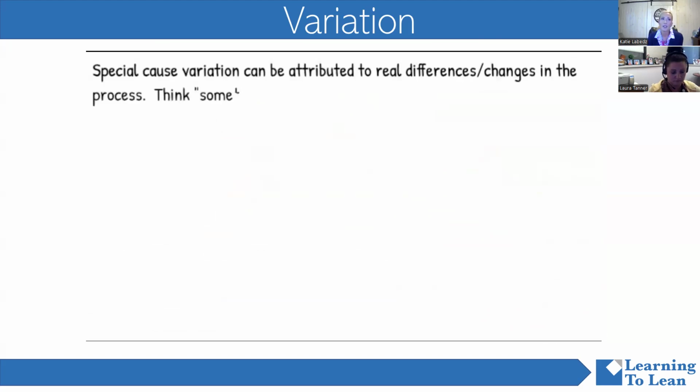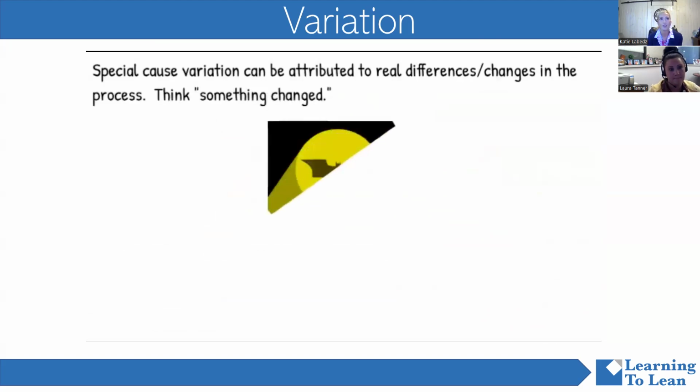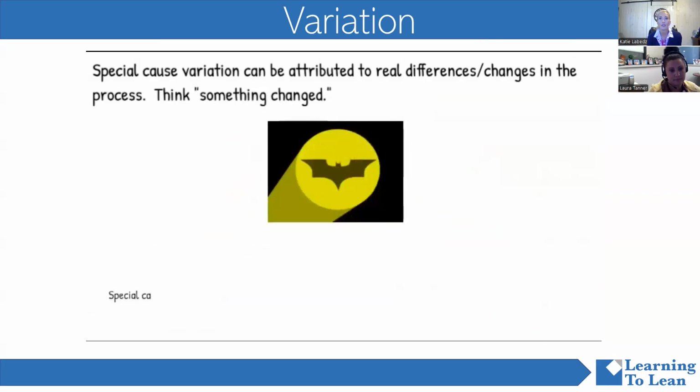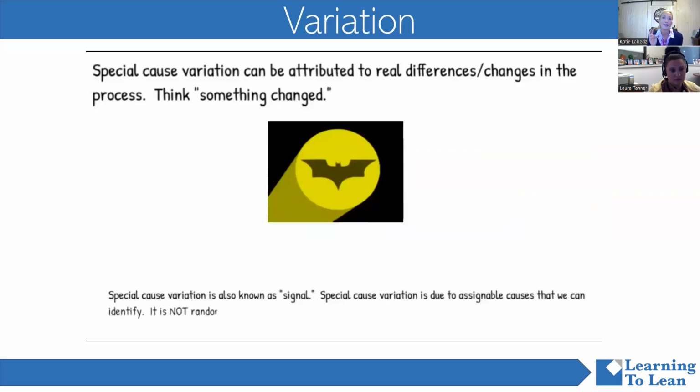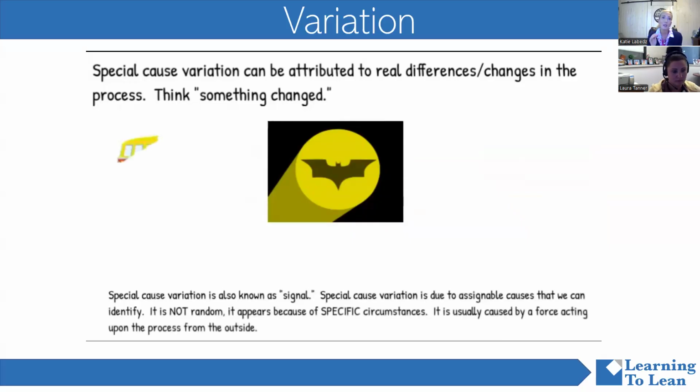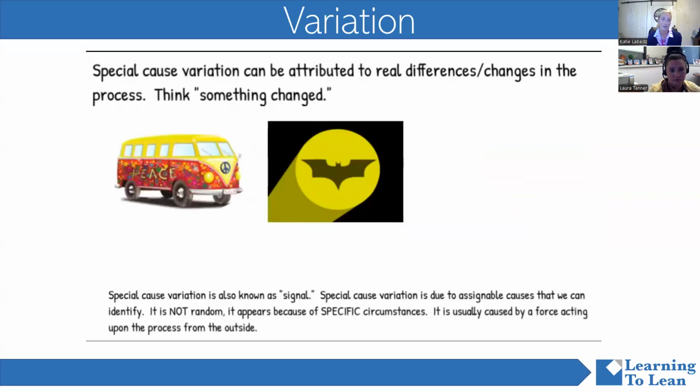So special cause variation can be attributed to real changes or differences in a process where we said, think about what changed. So special cause is also known as signal. Common cause is noise, special cause is signal. It's not random. It appears because of specific circumstances.